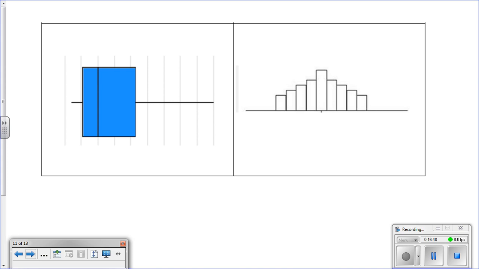So here we have a box and whisker plot. Look at how long this tail is. This data set is actually skewed. It's skewed going the direction of the tail. So this would be skewed to the right. Okay, we've got these extreme values, which would be, these would be low values.